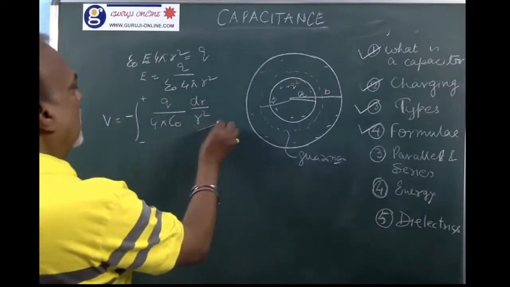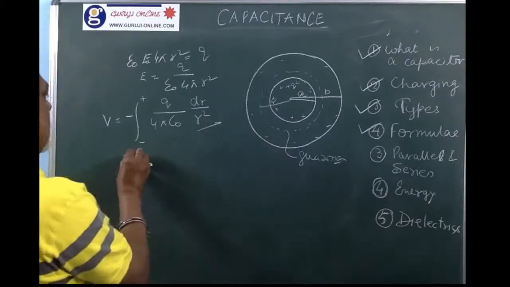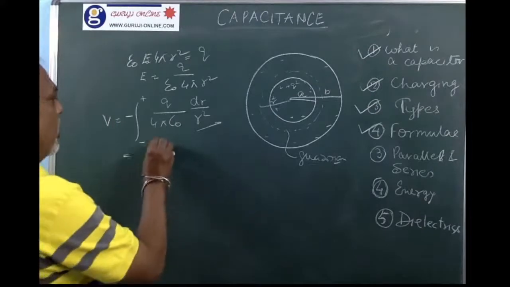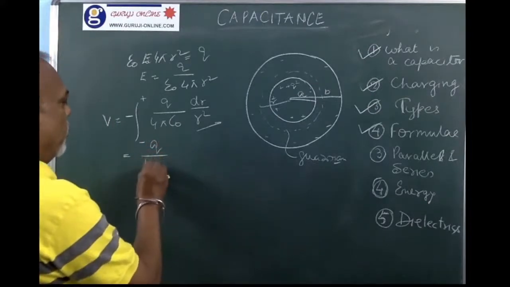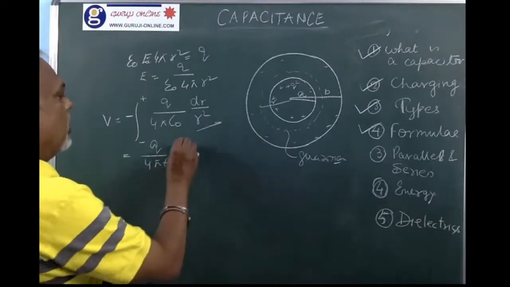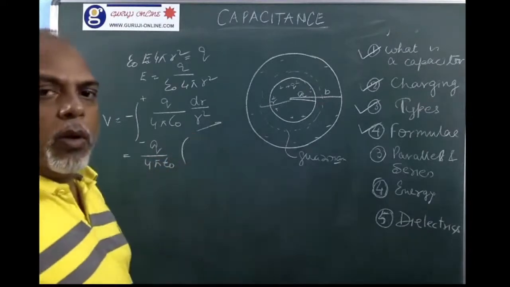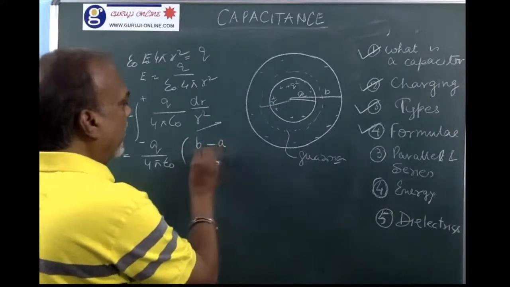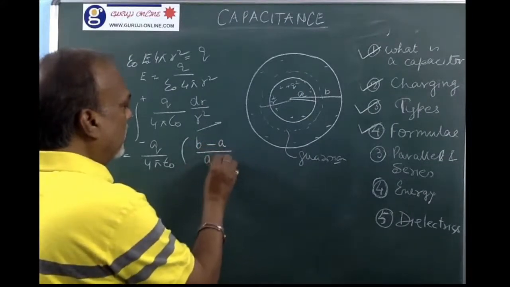Now, if you integrate this, then you will get this formula as Q upon 4 pi epsilon 0 into B minus A upon AB.